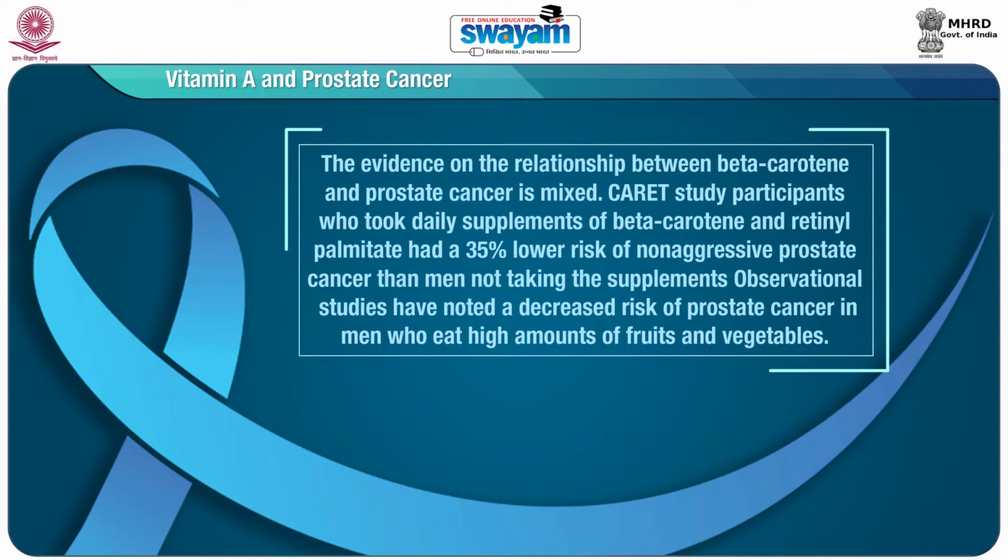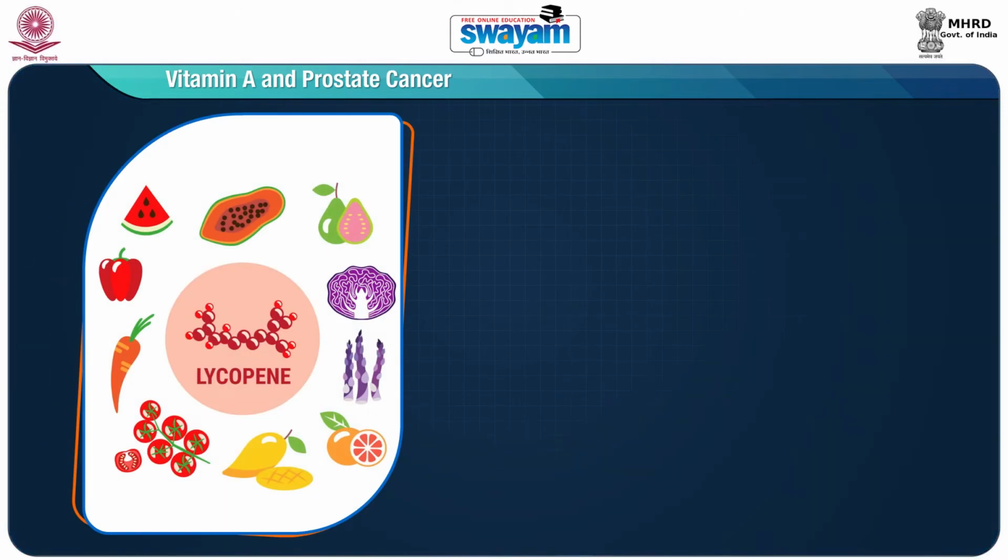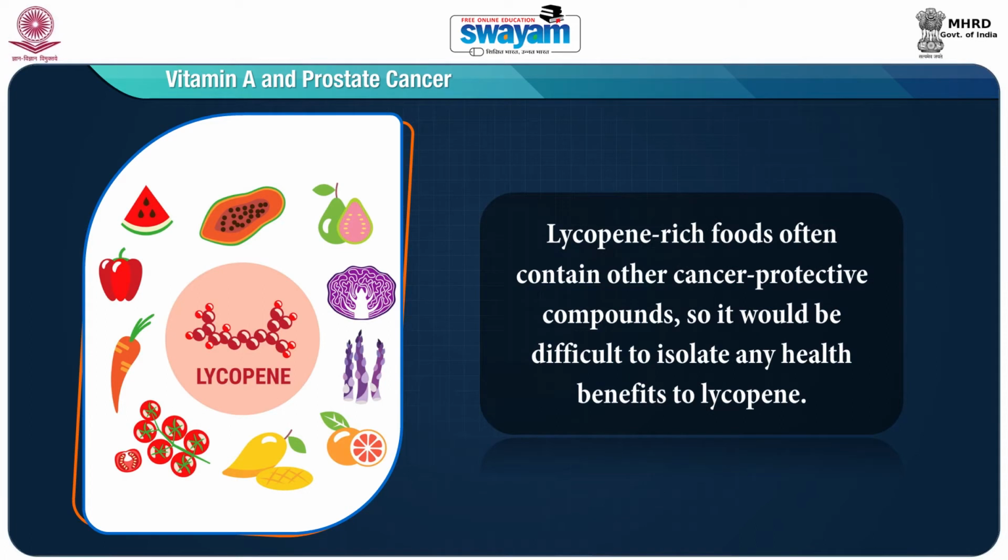Observational studies have noted a decreased risk of prostate cancer in men who eat high amount of fruits and vegetables. Another review noted that lycopene rich foods often contain other cancer protective compounds. So, it would be difficult to isolate any health benefits to lycopene.